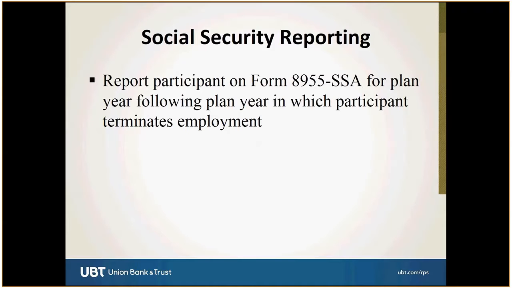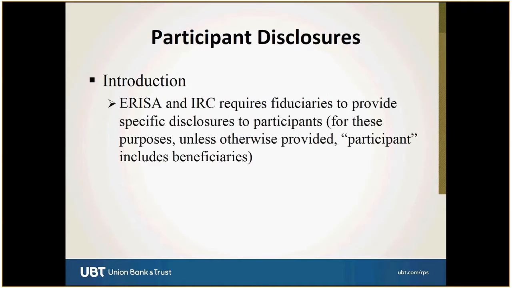I take this letter to Union Bank and say, hey, Social Security says I've got benefits at Union Bank, when in fact I don't, because I received a lump sum distribution at some point. Then the plan sponsor will have to prove to the participant that he or she received a lump sum benefit, everything that he or she was entitled to, and there are no benefits left.